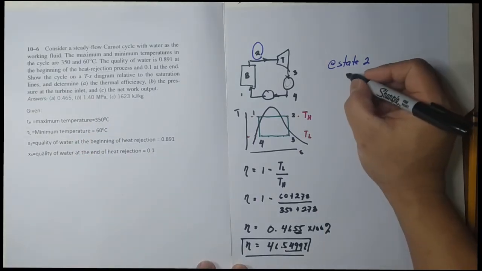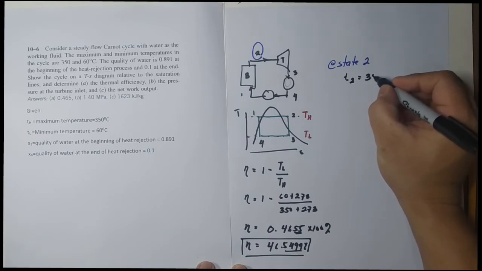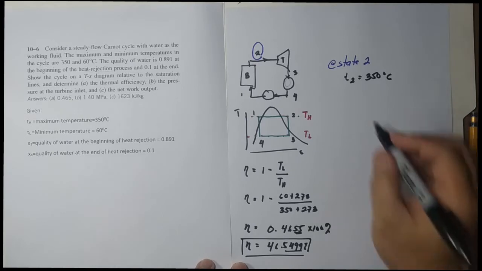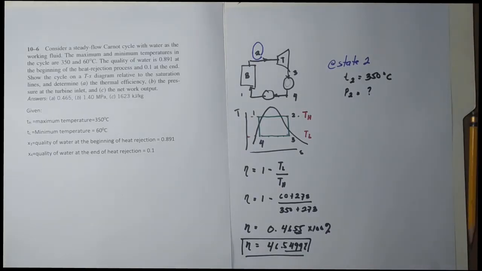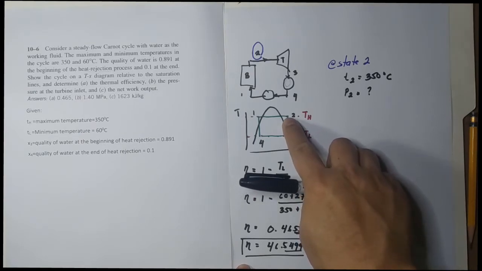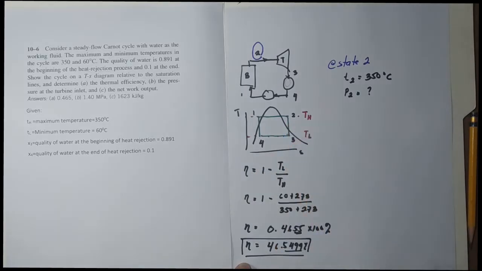So you have T2, 350 degrees Celsius. Of course, we are looking for P2. But how will we find that? We don't know the other property. At the same time, we are not sure if it is really superheated or a wet mixture. We are not sure about this.